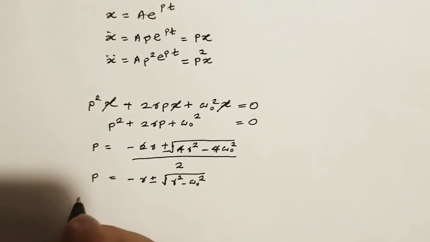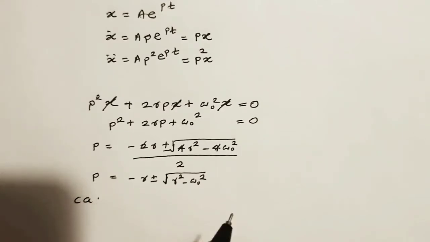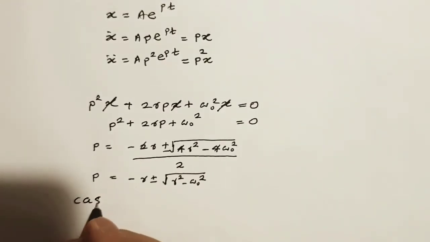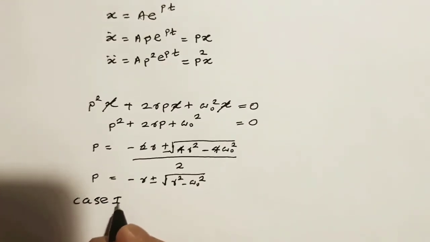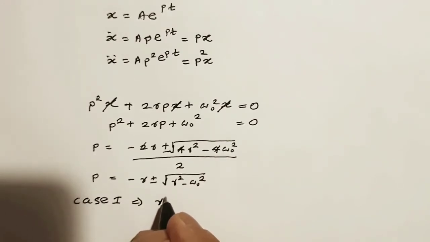In case 1, we take that gamma squared is greater than omega naught squared.